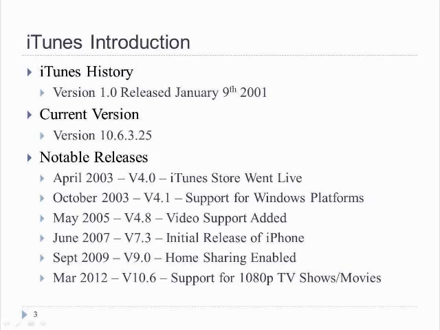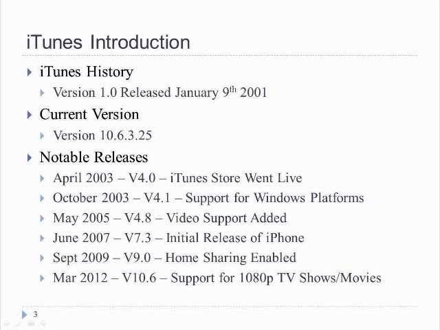Now, iTunes as a downloadable program has been around for about 11 and a half years. The first version, version 1.0, was released January 9th, 2001. And since that time, it has gone through a significant amount of changes, and most of those changes are of significance to forensic examiners.